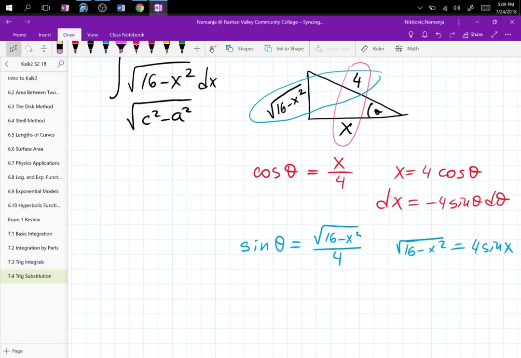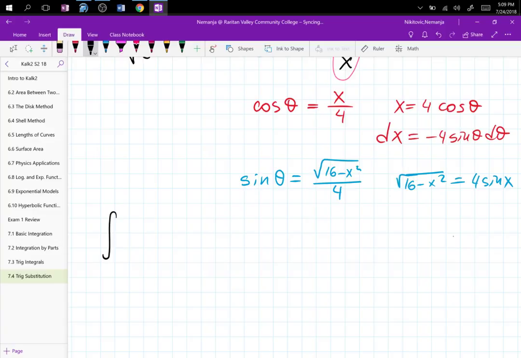I hope that you see now that it's easy for us to do the substitution. Our problem is the integral of the square root of 16 minus x squared dx. All I do is swap parts.